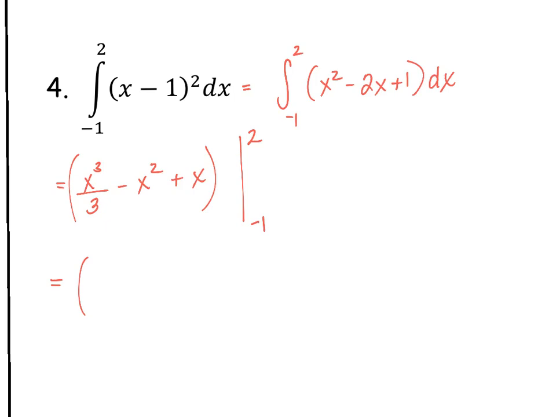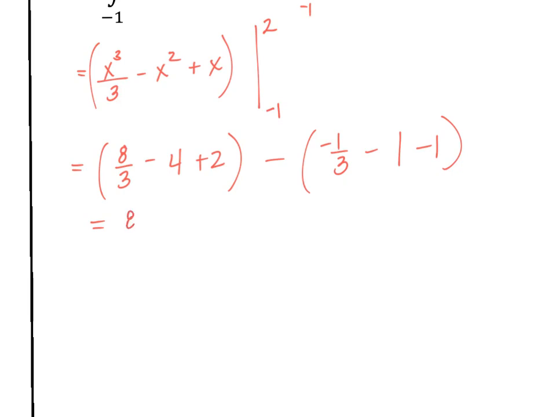All right, so 2 cubed is 8 thirds minus 4 plus 2. And then I'm going to subtract my substitution for negative 1. That gives me negative 1/3 minus 1 minus 1. When I simplify, I get 8 thirds minus 2.